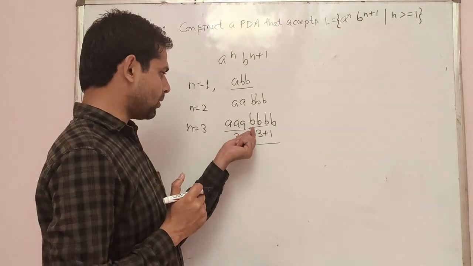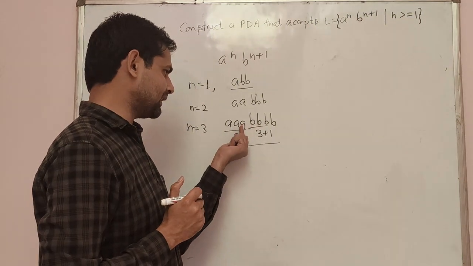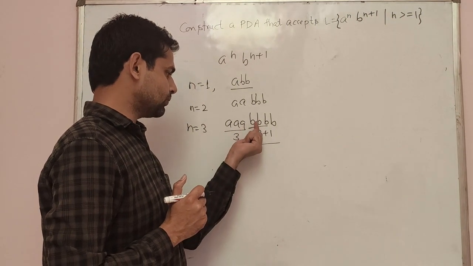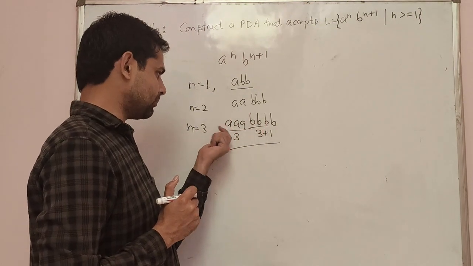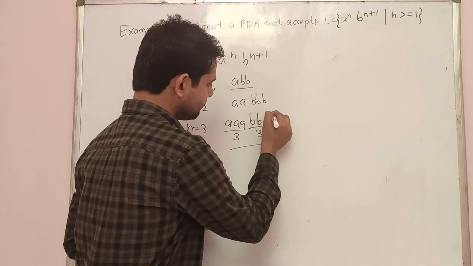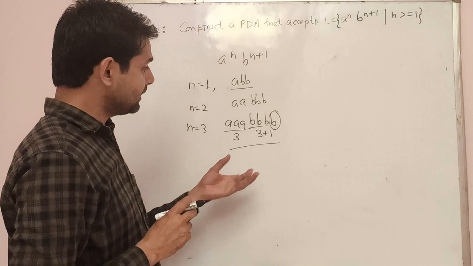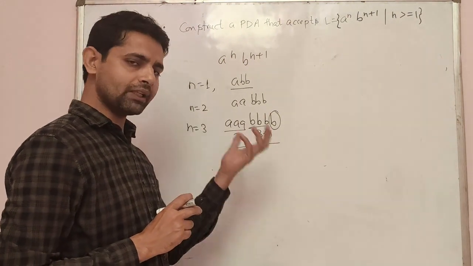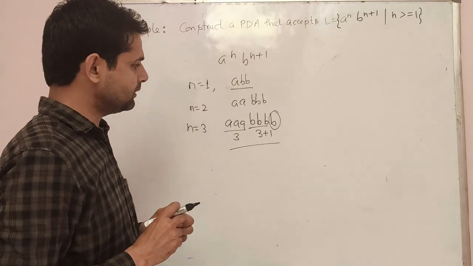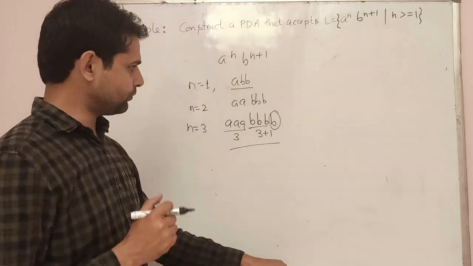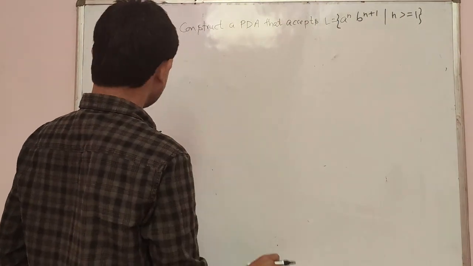Then when the first B comes, we will pop an A with that B. For the next B, again we will pop the next A, and for the next B we will pop the first A. After that we will have only one B and the stack will be empty. In that case, we will read that B, and then we will move to the final state. So for this, now we will write the transition function.